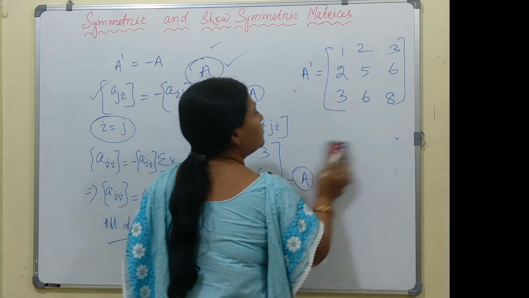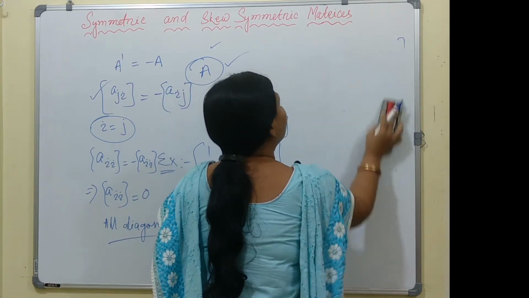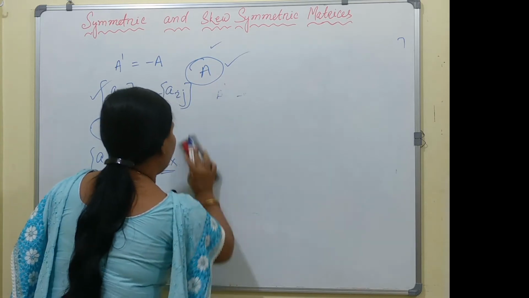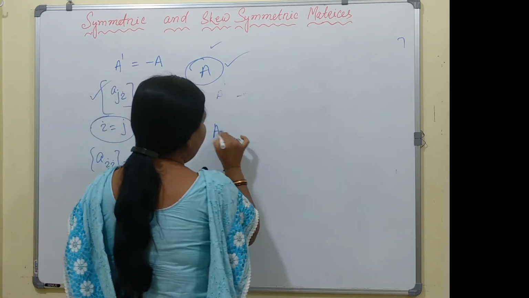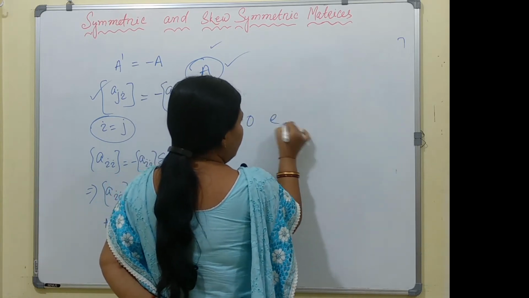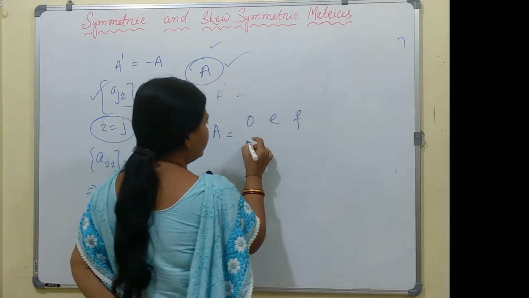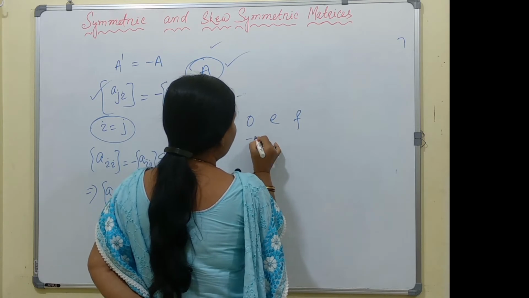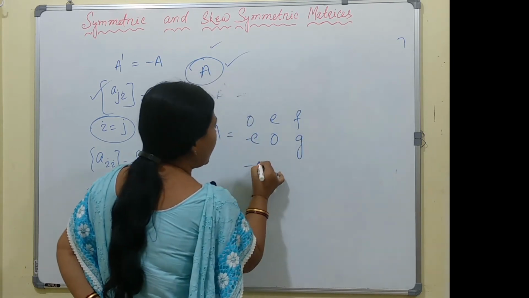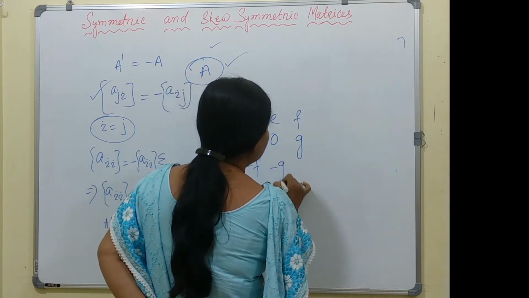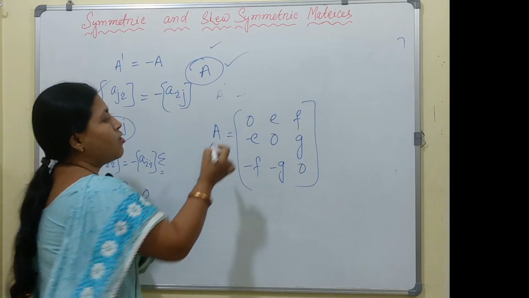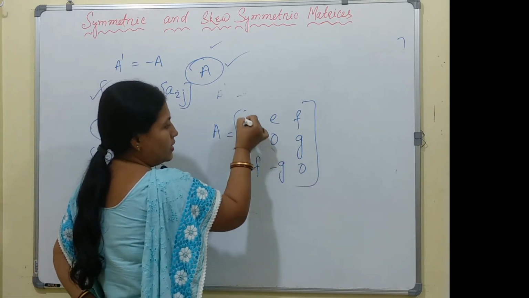So for example, A is equal to 0, e, f, minus e, 0, g, minus f, minus g, 0. See this matrix, all the diagonal elements are 0.